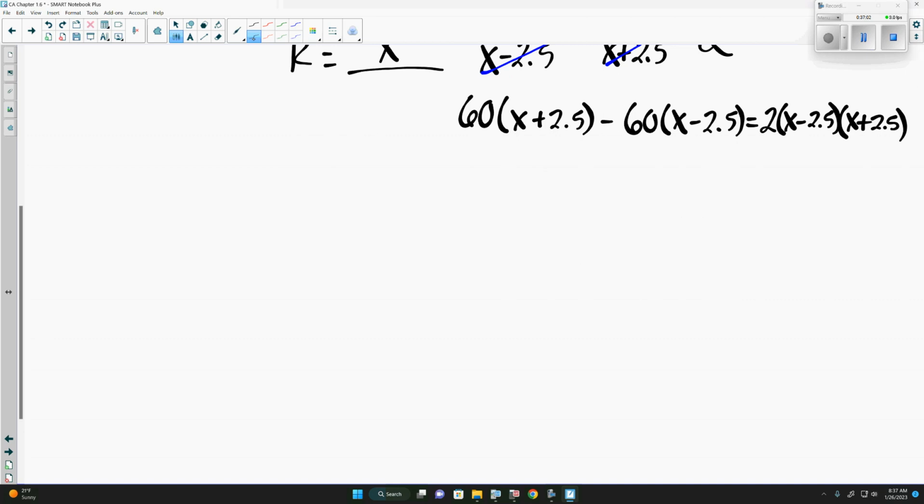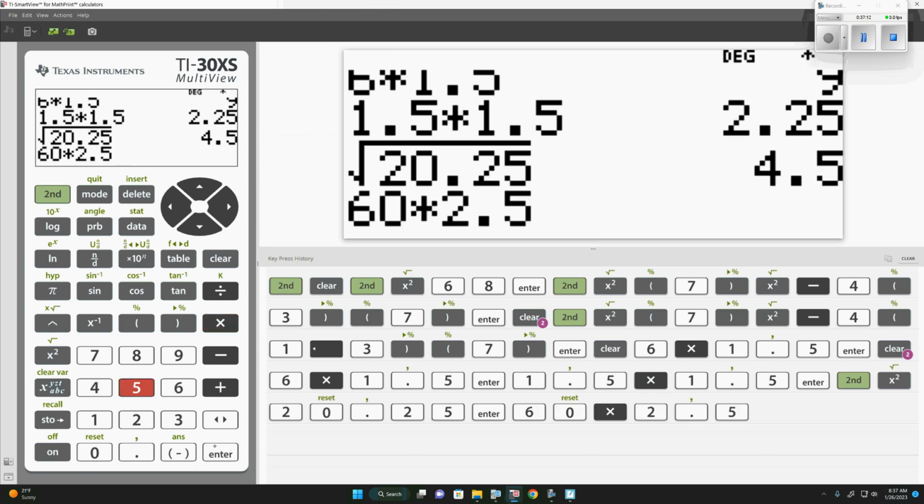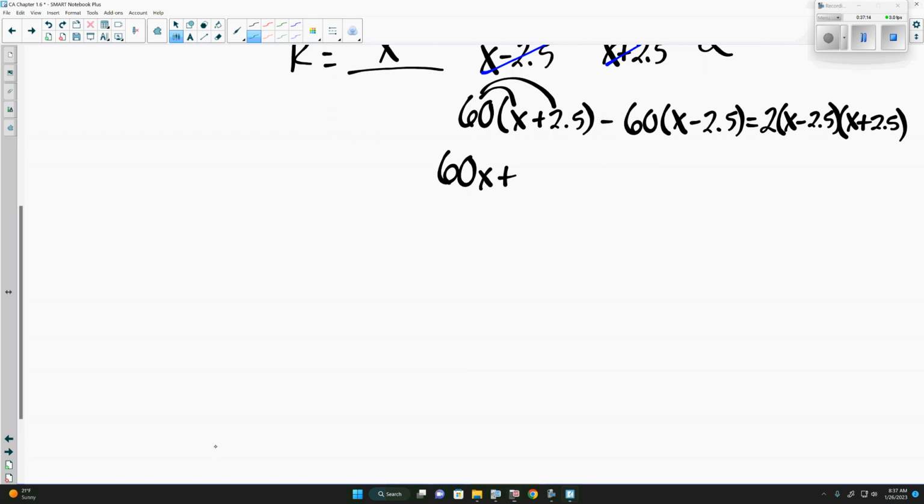Now at this point here, we can distribute. 60 times x is going to be 60x. Plus 60 times 2.5 should be 150. Is indeed 150. Minus 60, negative 60 times x is going to be negative 60x. Negative 60 times negative 2.5, negative and negative make a plus, 150, is equal to 2 parentheses.